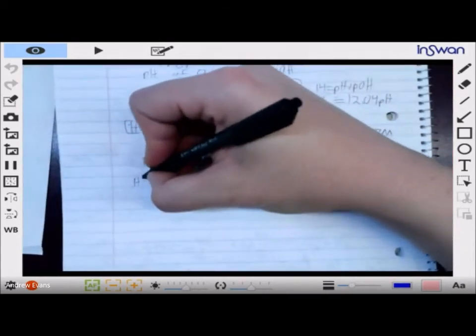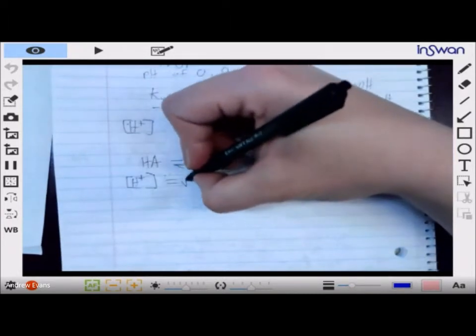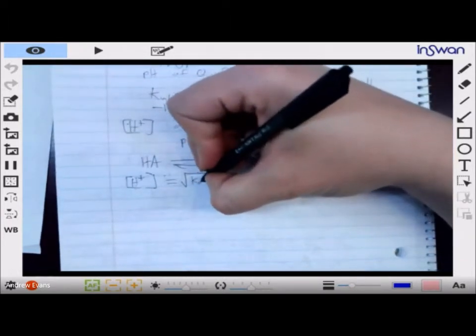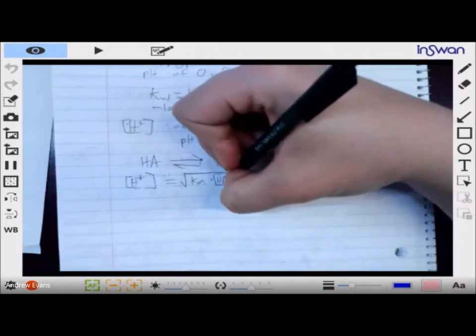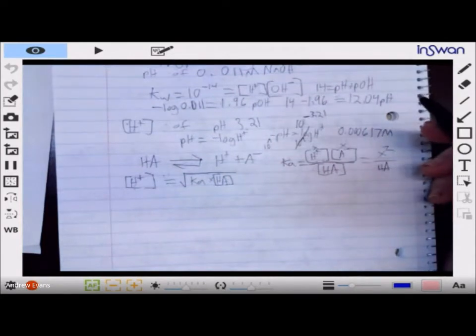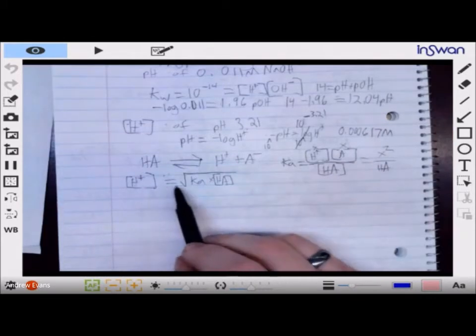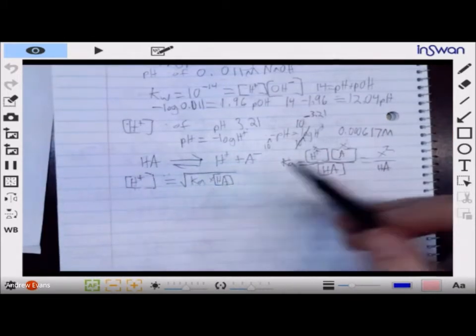For a weak acid, usually H plus is equal to the square root of our Ka times my initial concentration of acid. That's true for just about most weak acids and weak bases. OH minus will be Kb times the initial concentration of base.